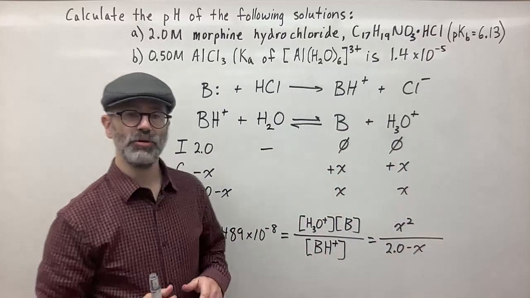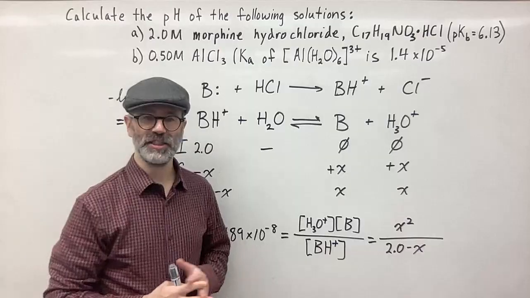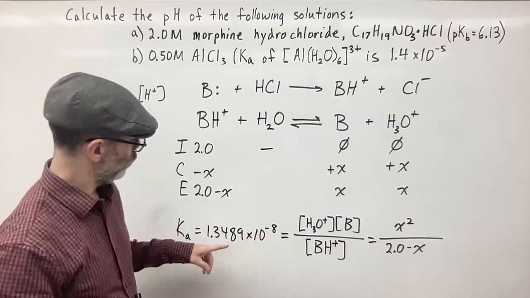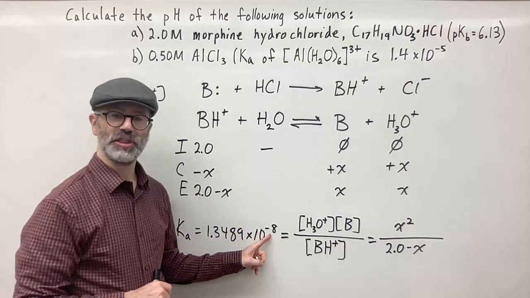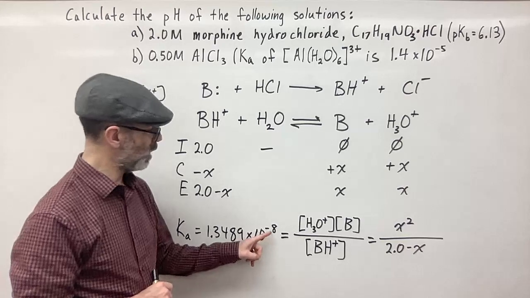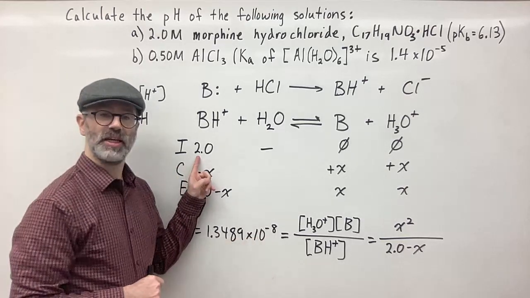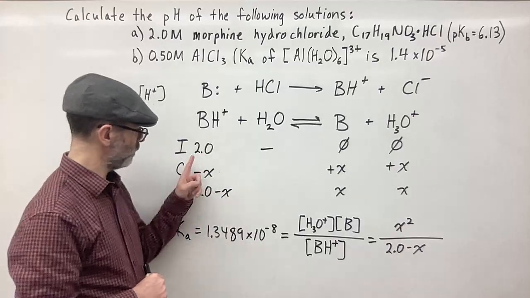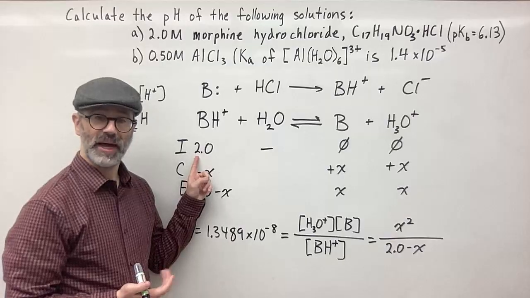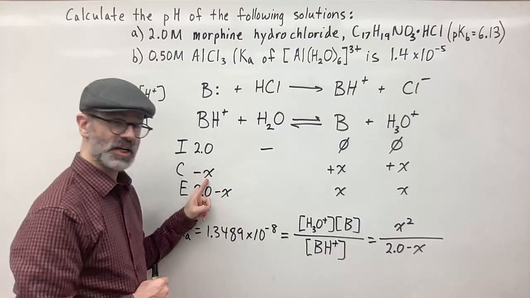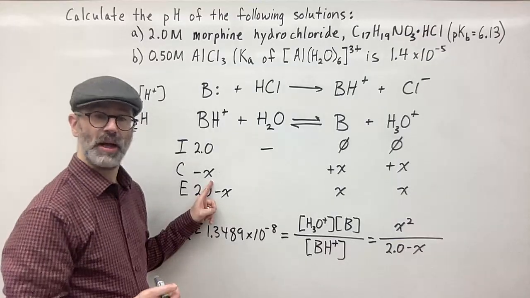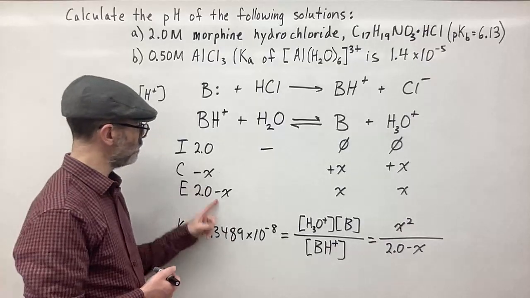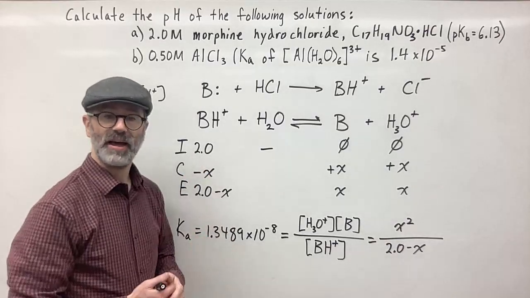Now the question is, can we use the X is negligible or X is small approximation? And indeed we can, because if we look at the Ka value, that's very, very small, 10 to the power of negative 8, compared to the initial concentration. So this is very, very small compared to this, and so we can bet that the X here is going to be so small as to be negligible, meaning that the concentration at equilibrium is going to be the same as the concentration that we started with.